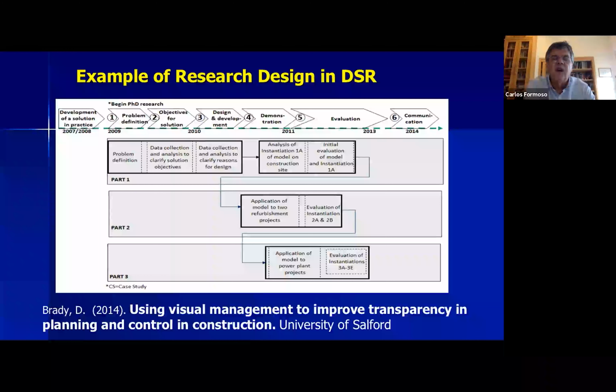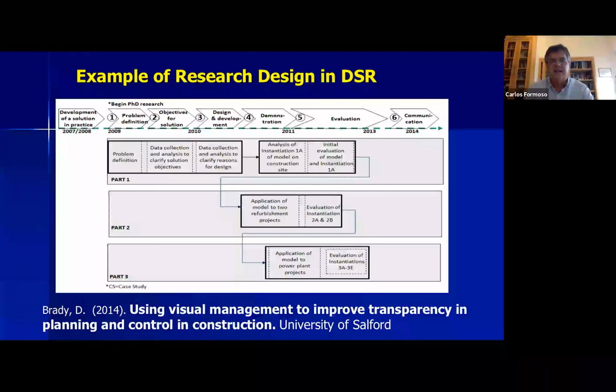And this model was implemented in the company in several projects, right? So what she did, and she was involved in some of those projects, what she did was to understand the underlying ideas of that model.